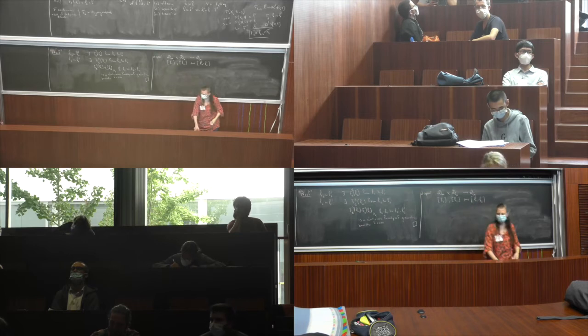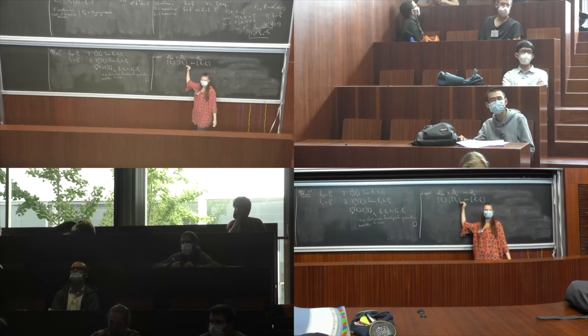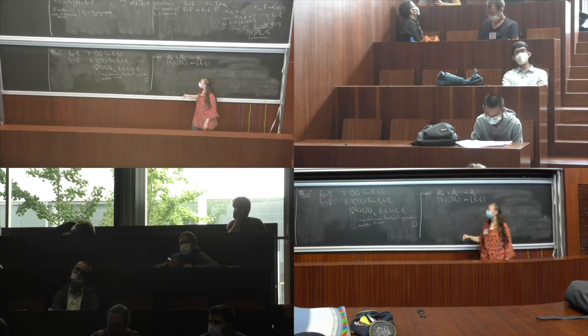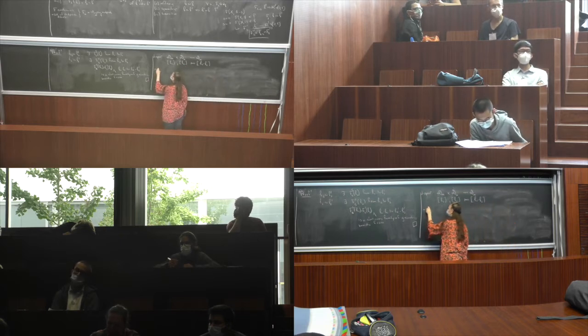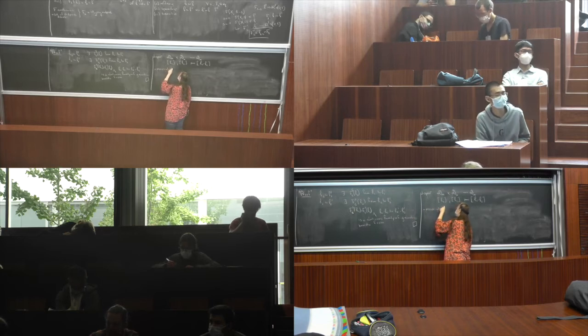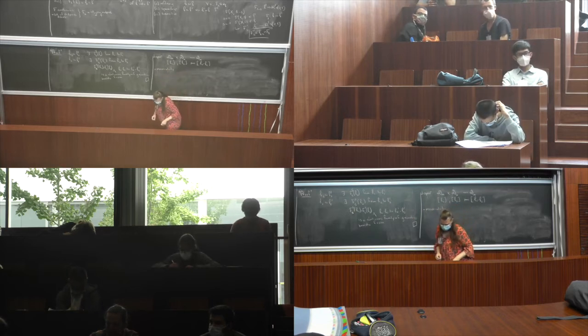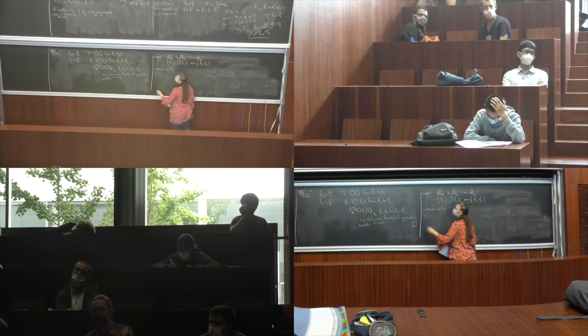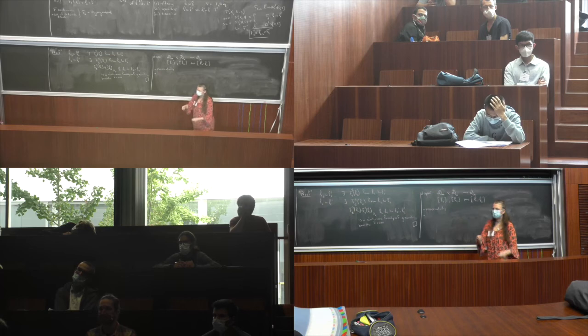And I can ask myself, well, is this now a group operation? So I can check associativity. Which I will not do in detail. But you remember the pictures we had?